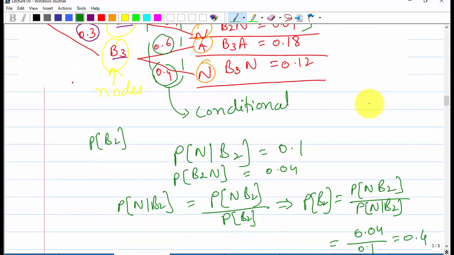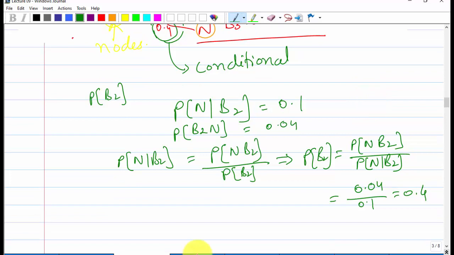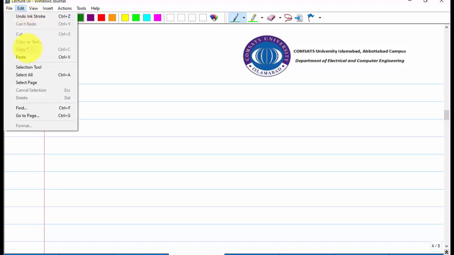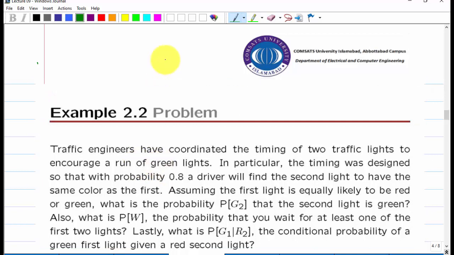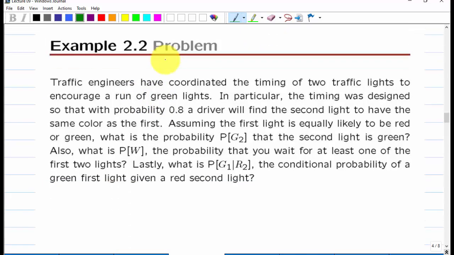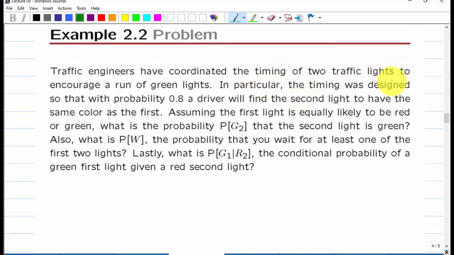Now let's look at another example. Again I will paste it from the book. This is example 2.2. It says that traffic engineers have coordinated the timing of two traffic lights to encourage a run of green lights. A run of green lights means that if one car gets the green light at one traffic light, that car may get the second green light at the second traffic light.